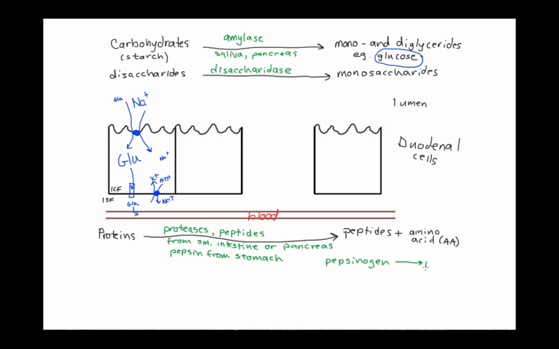It's converted to pepsin when it hits the acid of the stomach. So it's pepsinogen inside the cells that make it, and then when it gets released into the lumen of the stomach, the low pH of about 2 converts it into pepsin.